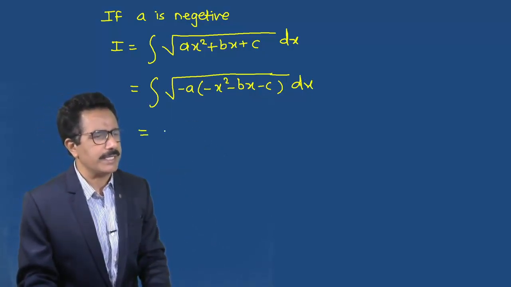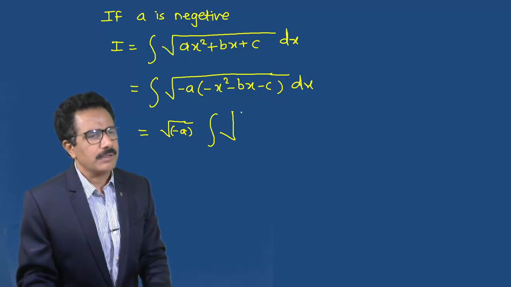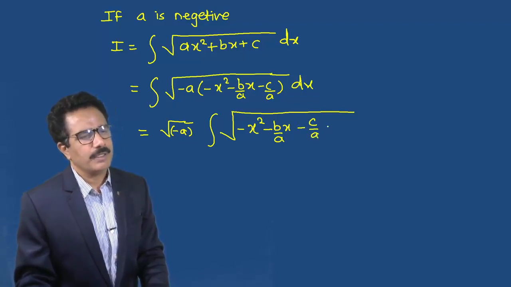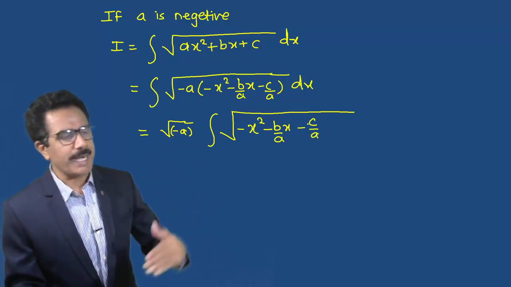So we can write root of minus a integration of root of minus x square minus b by a minus c by a. So we have to add and subtract here.